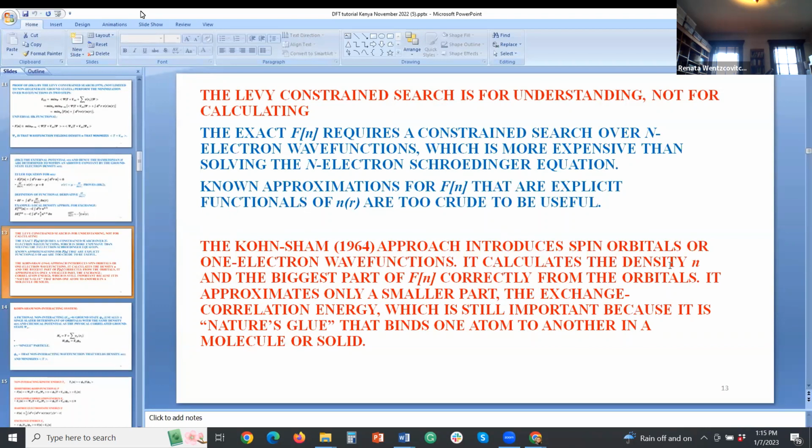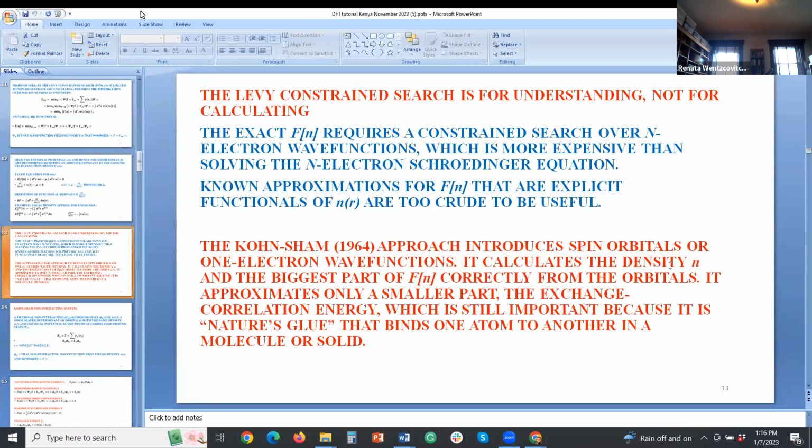to help us understand experiments. Now, in 1965, Kohn and Sham introduced a solution to that problem by introducing spin orbitals or one-electron wave functions, which are also called Kohn-Sham orbitals. And in their approach, the density n is constructed from these Kohn-Sham orbitals, and the biggest part of the Hohenberg-Kohn functional F of n is also constructed correctly from the orbitals.